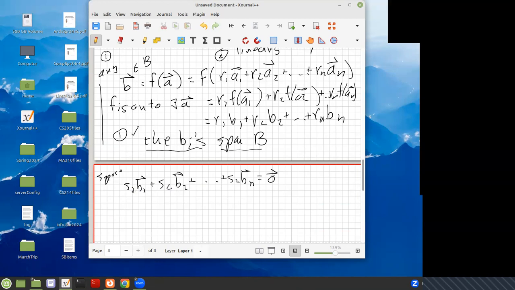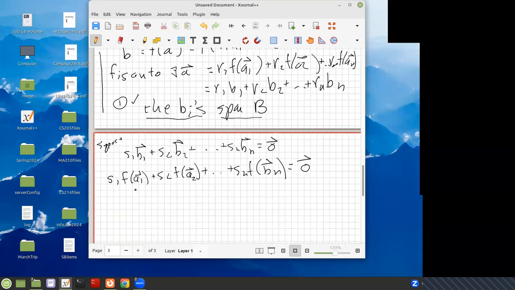Okay, so this is the same equation as S1 F of A1 plus S2 F of A2 plus dot dot dot plus Sn F of An equals 0, because F of A1 is B1, B2 is F of A2, and so on. So this is what we're supposing.